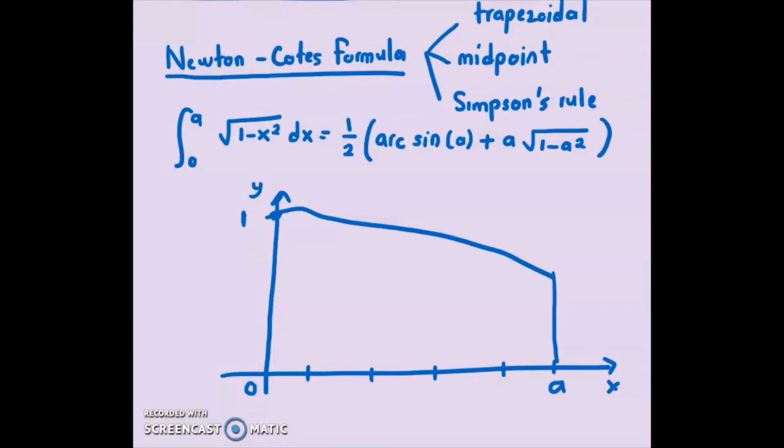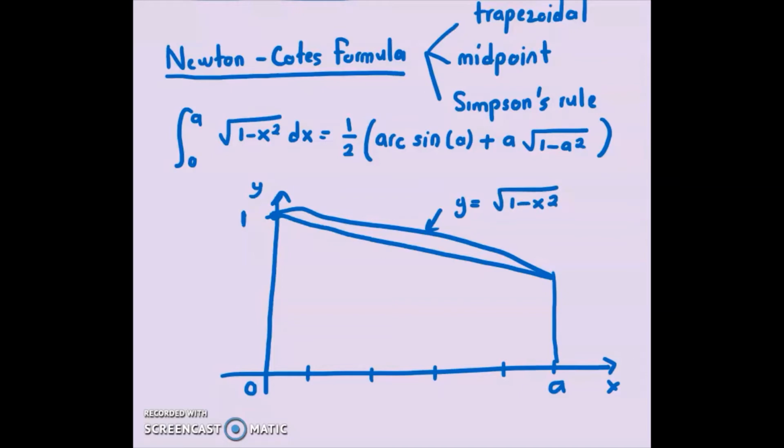Now what trapezoidal rule does, okay, this is my curve for y equals the square root of 1 minus x squared.